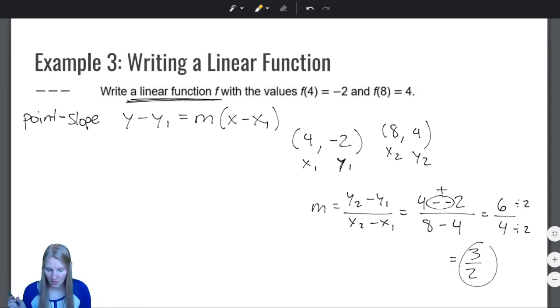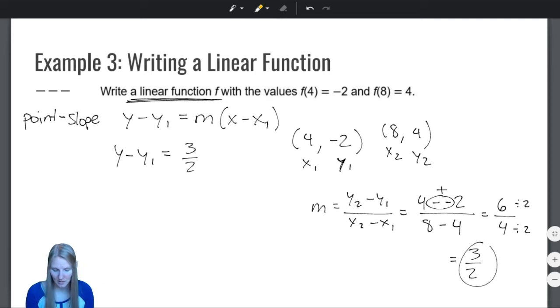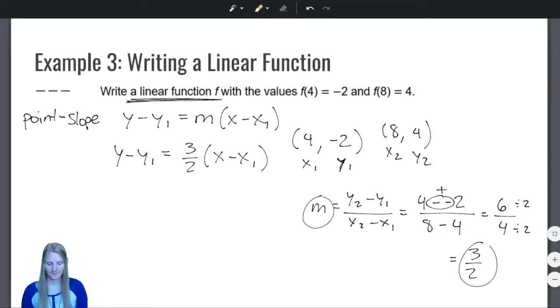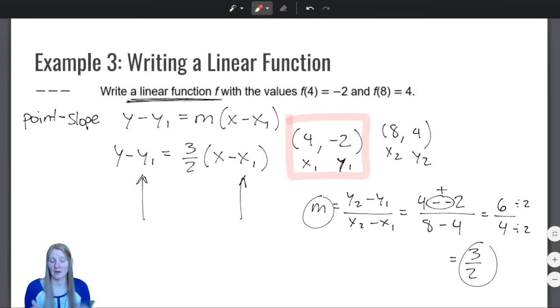Okay, so we have y minus y1 equals m, which is 3/2, times x minus x1. Now, I need to plug in x1 and y1. We decided that x1 and y1 was the first point that they gave us.